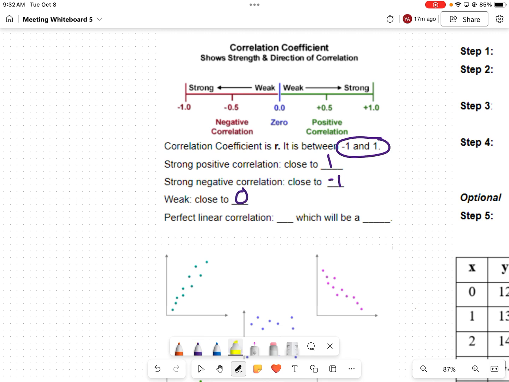All the weak is close to 0, and then the strong is out toward positive or out toward negative. A perfect linear correlation is going to have an r of 1, which will be a line. So all your dots will be in a line.